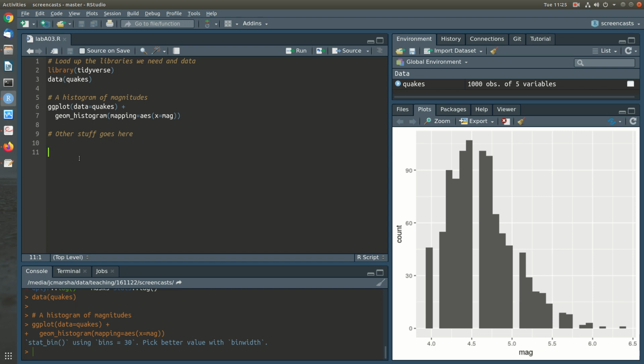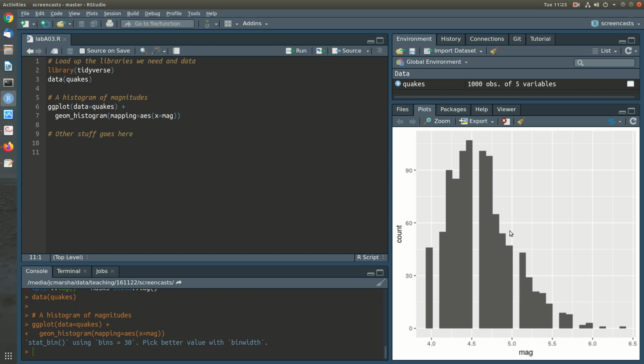And then once we've divided that range up, we count the number of observations in each of those bins. And then we plot that vertically. Okay, so the geom histogram layer here automatically divides the data up, counts the number of data points in each one, and uses that to derive the vertical axis, the count axis here.